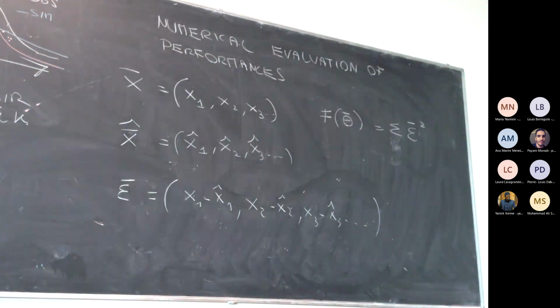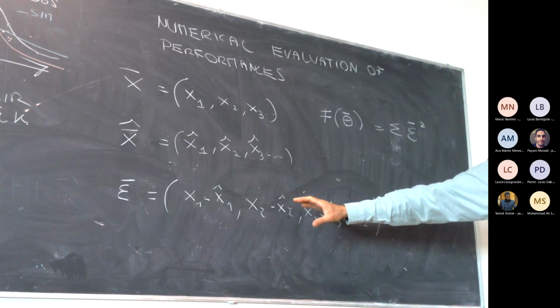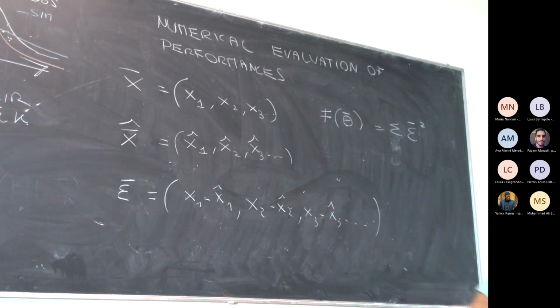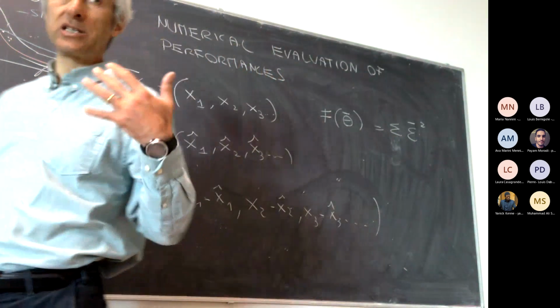So let me explain what I did here. I squared the errors. I squared the difference between each observation and its corresponding simulation, and I summed them. So this objective, this function, this number is called sum of squares, or sum of squared errors, or least squares. Why least squares?